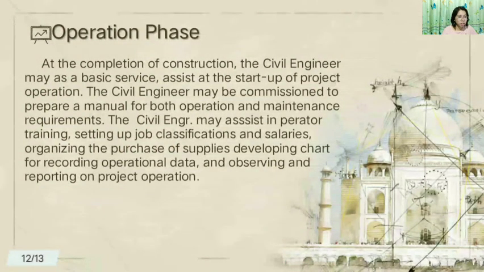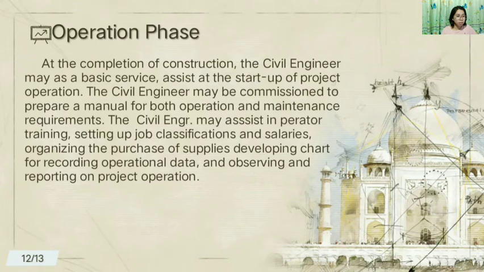Next is the operation phase, the last phase. At the completion of construction, the civil engineer may, as a basic service, assist at the start-up of project operation.